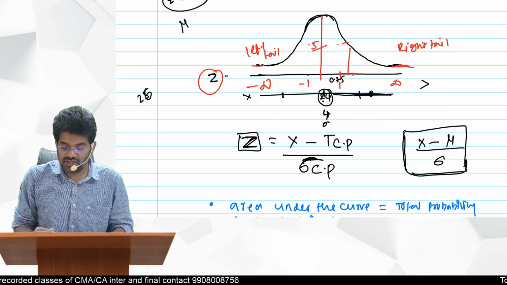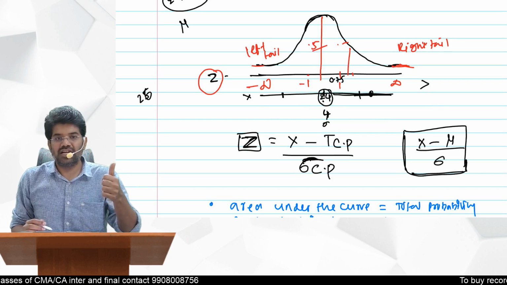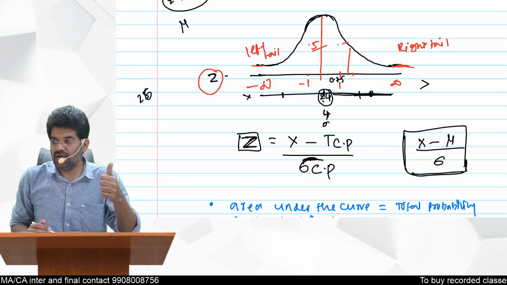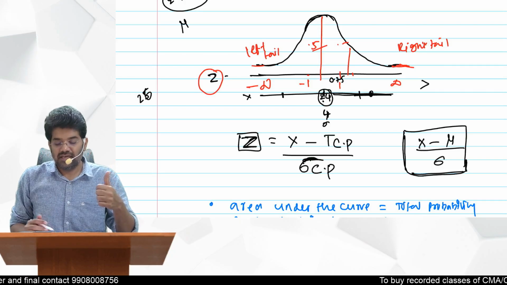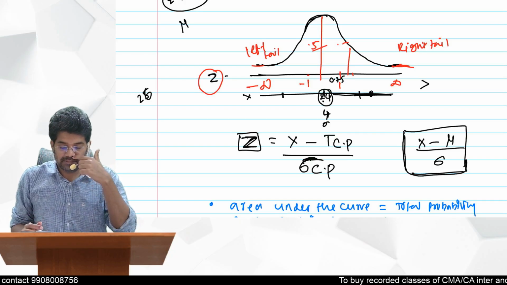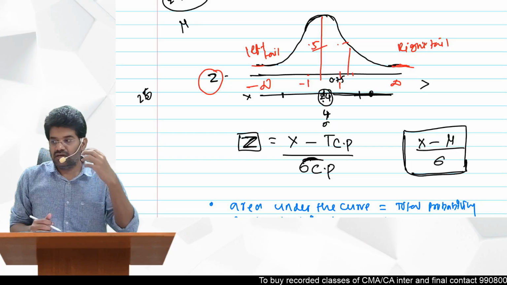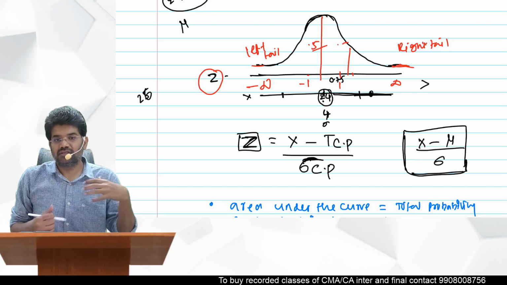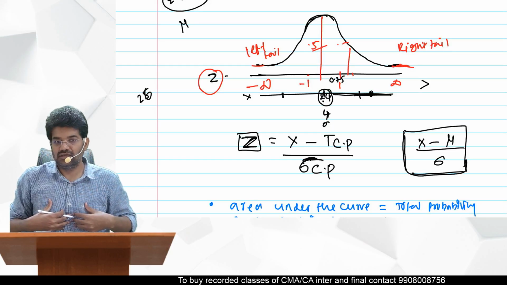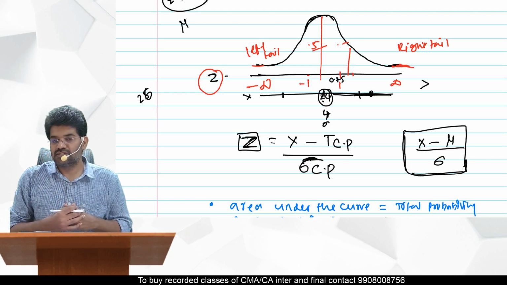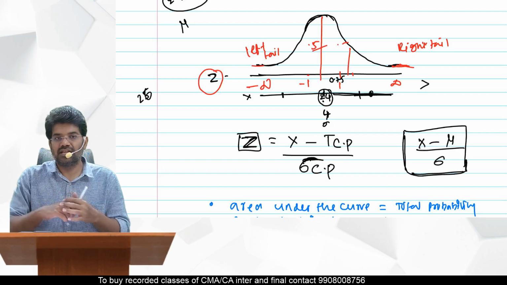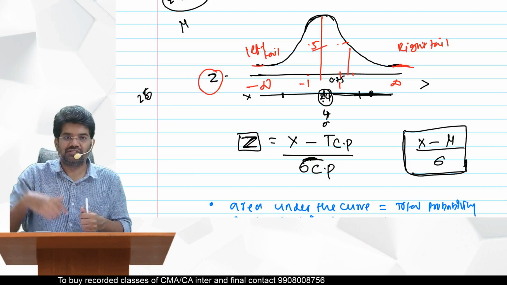For the normal distribution table, you should understand what exactly the mean and the standard deviation are. Here the mean represents the average duration of the project, whatever we calculated earlier. That is called the mean because it represents the average.